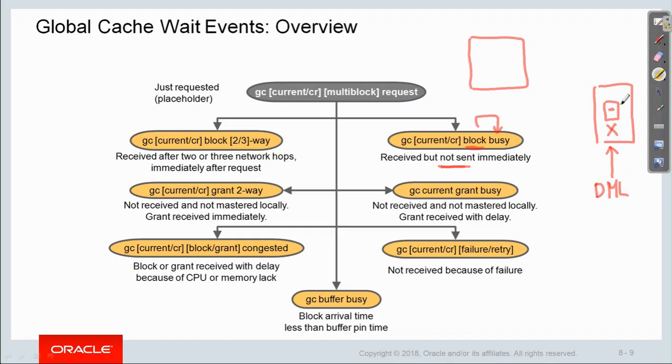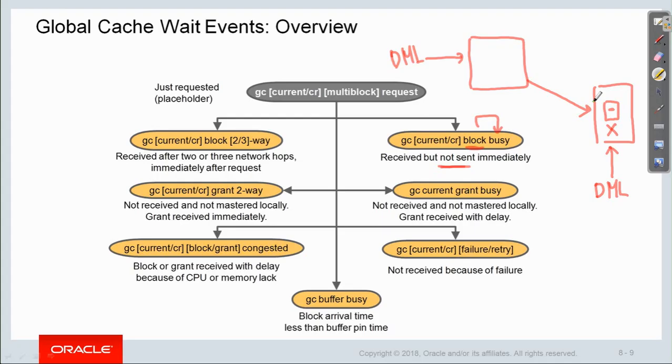And also, from session 1, shortly after and before the commit, session 1 requested the same block as a part of another DML. Okay? So this time, the requesting instance works with the remote instance and asks for this block.